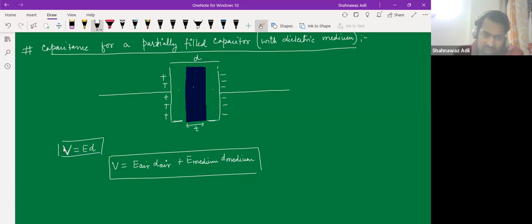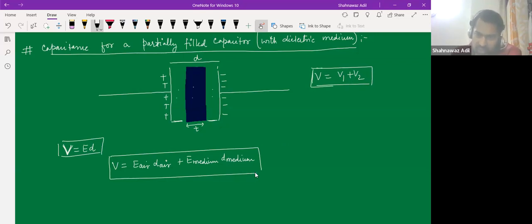So we are just dividing voltage into parts, right? One is this one and the other one is this. So V is V1 plus V2. That is what we are writing, because you can see that this is a series combination. So in series combination, voltage is V1 plus V2.